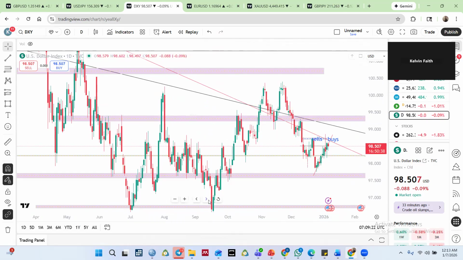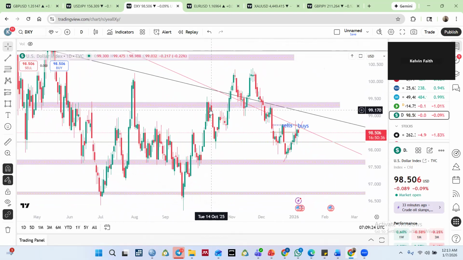Then we see a drop. Then price pushes up, goes into that area again. We see a retest of that support, using that support as resistance, and then we see a push up. Then we see price drop down, breaking the support again, and doing a retest around this area.